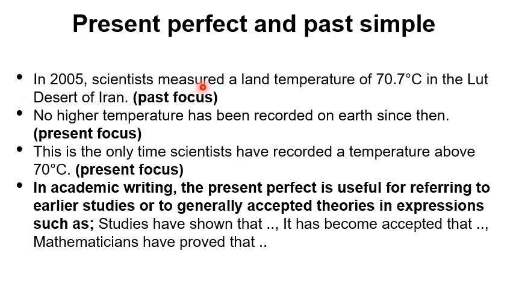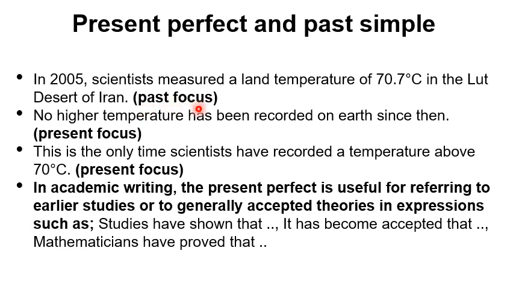The sentence focuses on the past, on the time of measuring the highest temperature on Earth, in 2005. Because 2005 is in the past, in this sentence we have to use past simple, because the sentence has a past focus.